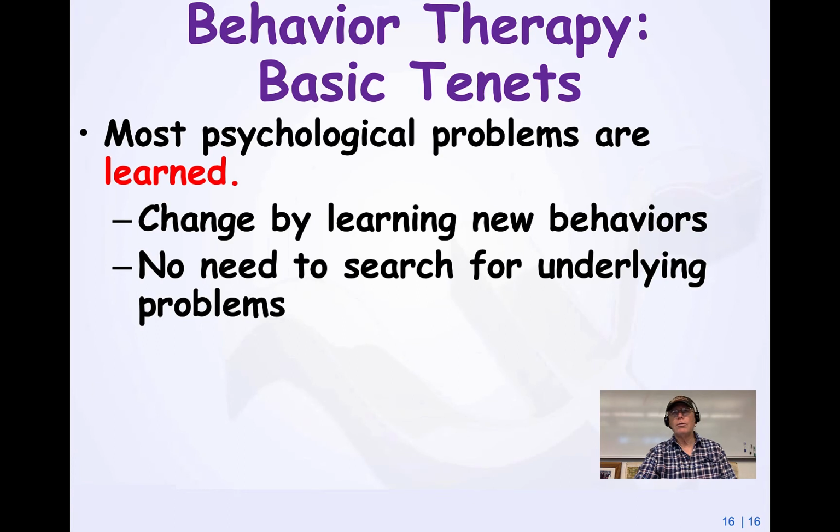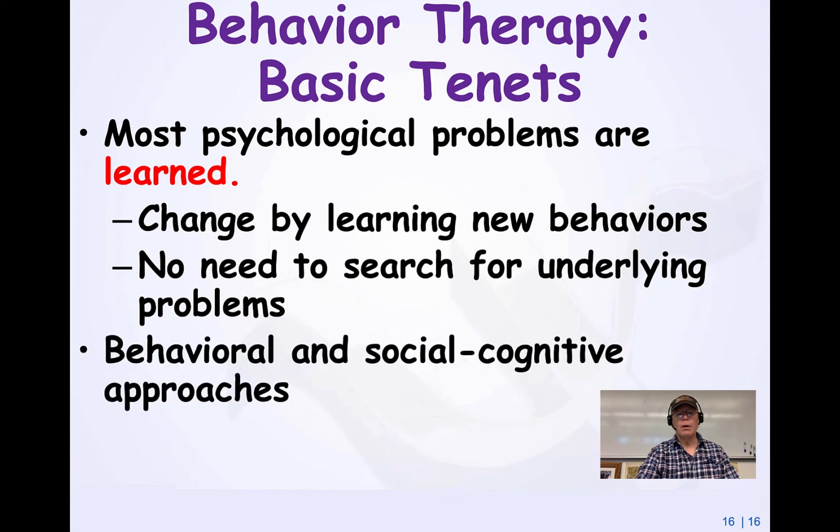You don't need to look back in your past. It doesn't really matter what caused the problem. What matters is replacing that problem with appropriate behavior, thoughts, feelings, and that sort of thing. So you learn these, you can learn new ones. We call this, well, behavioral and social cognitive.